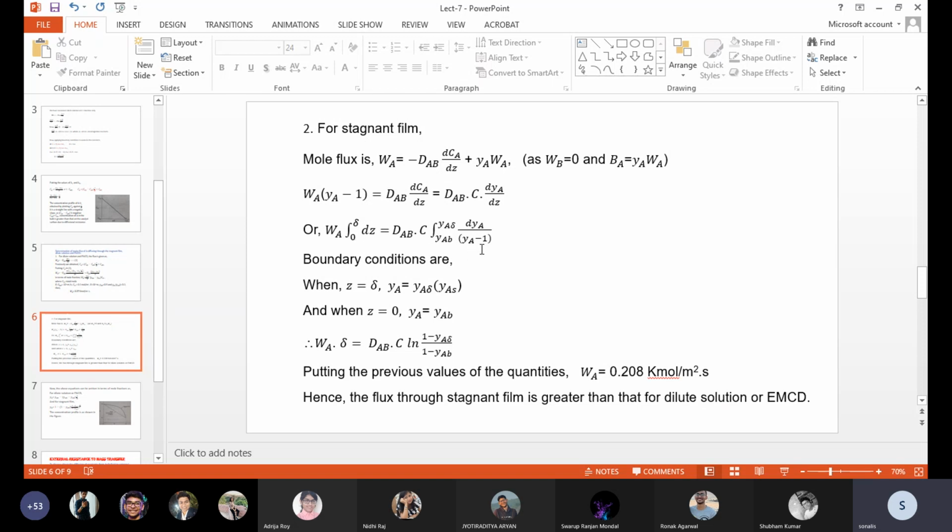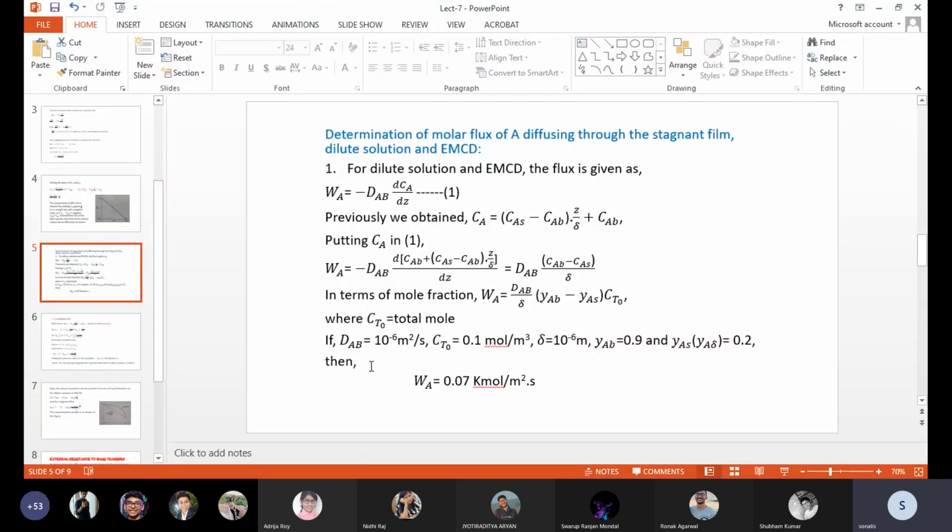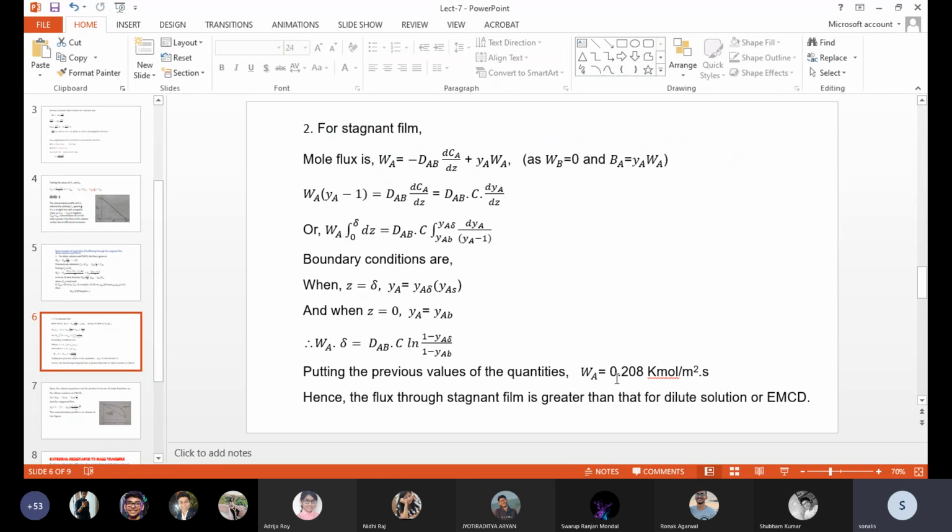By solving this equation, we get W_A times delta equal to D_AB C ln of (1 minus Y_A delta) by (1 minus Y_AB). Putting in the previous values of the quantities, the same values given here, we get W_A equal to 0.208 kilomole per meter square second.